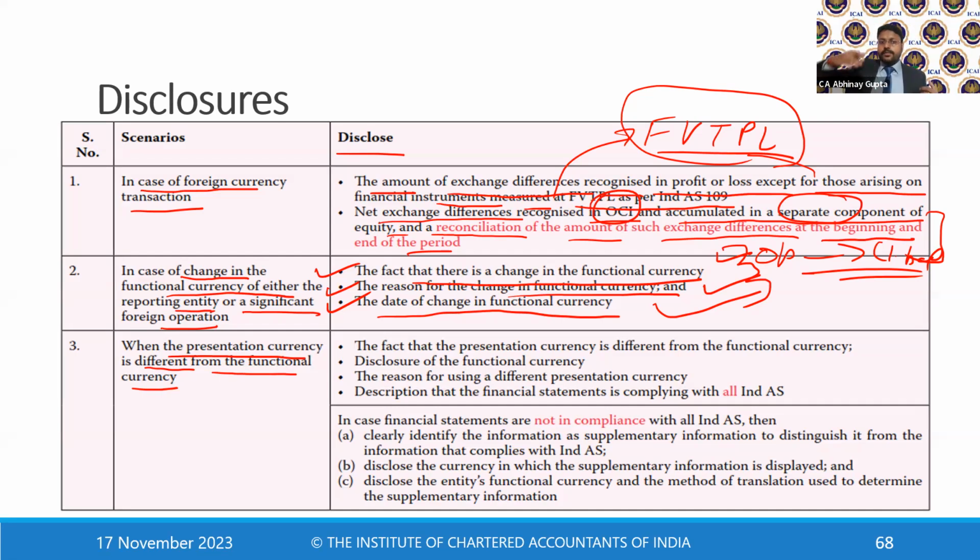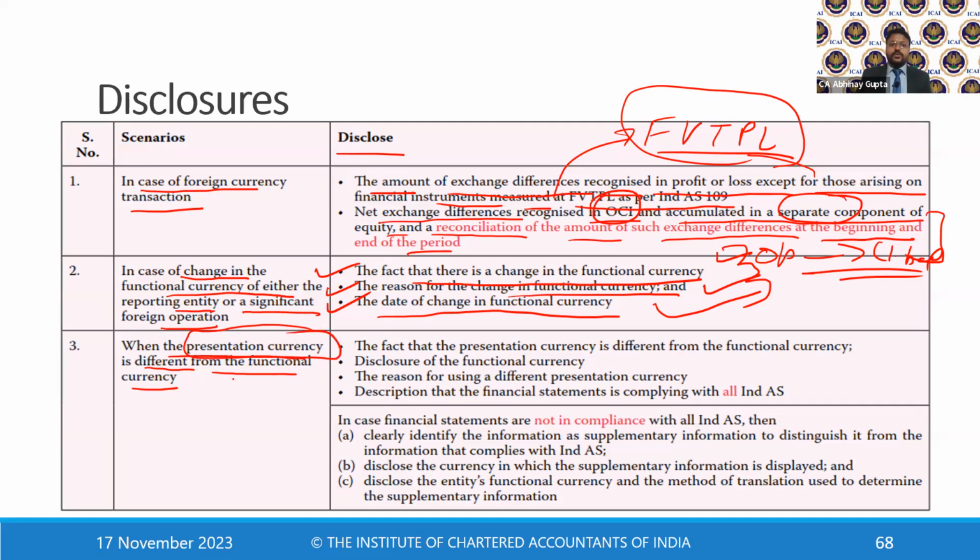Once the functional currency is determined, then I will be recording all my journal entries and preparing my books of accounts and the financial statements in my functional currency by default. But on top of that, if I want to present an additional set of financial statements over and above my functional currency, and suppose I select any other currency, then that currency in which the additional set of financial statements are being prepared and presented will be regarded as the presentation currency, right?